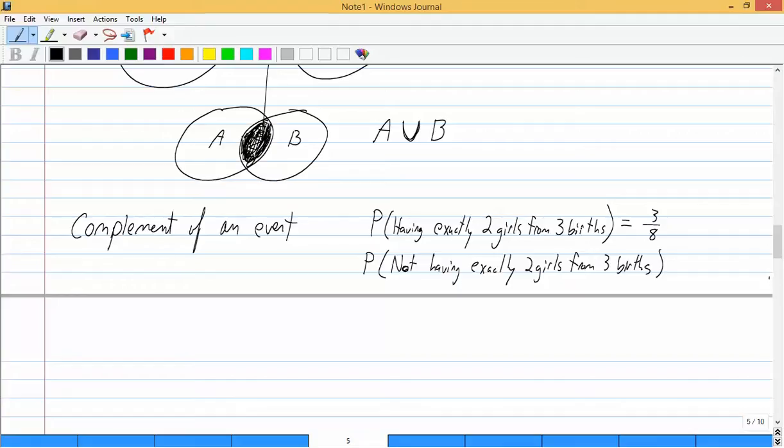But if you want to denote that it is a complement, usually a line is drawn above the actual event. For example, if I have the probability of A, its complement is an A with a line drawn over it. Or you may see your book here uses A, and then it has a C in the exponent place.